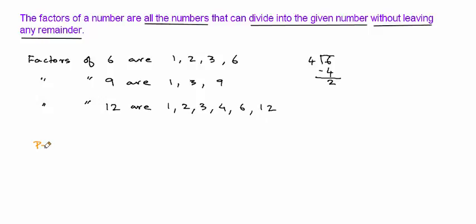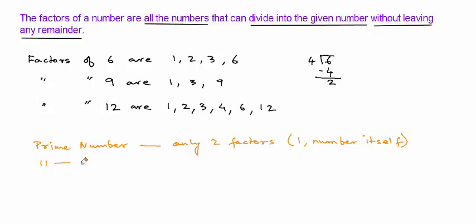Recall that a prime number is a number that has got only 2 factors, and that are 1 and the number itself. For example, 11. The factors of 11 are 1 and 11 only.